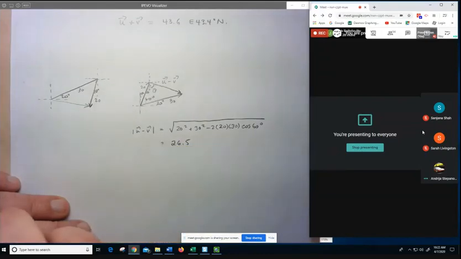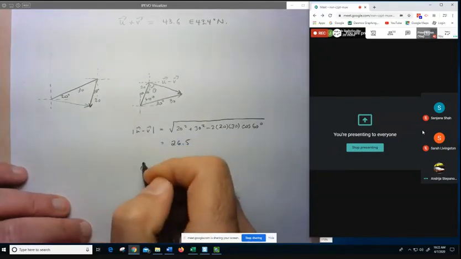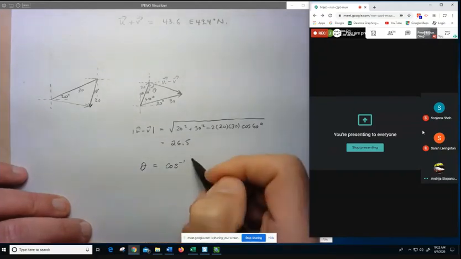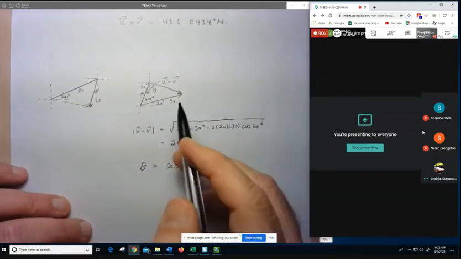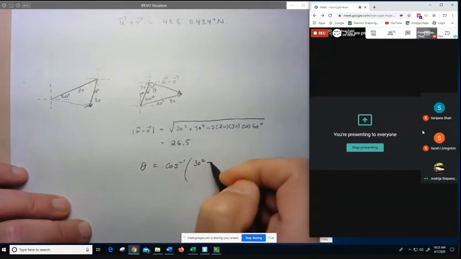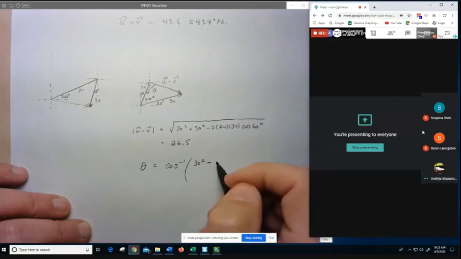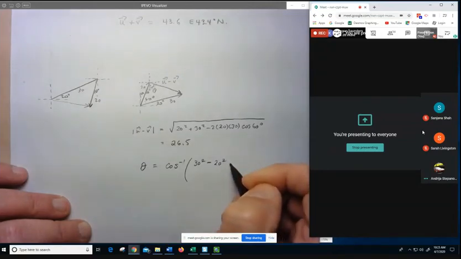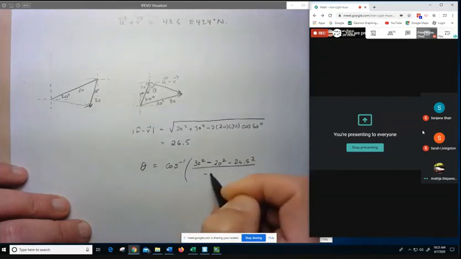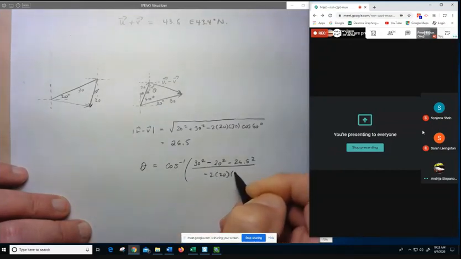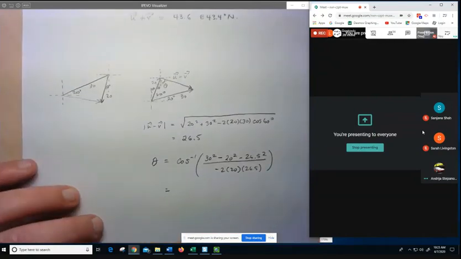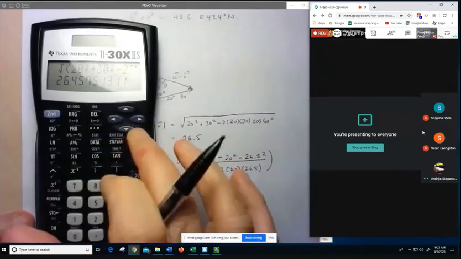Okay, as before, I'm going to use the cosine law, cos inverse of. So its opposite side is 30. So 30 squared minus the square of the other two sides, so minus 20 squared minus 26.5 squared, all over negative 2 times 20 times 26.5. And then here, let's see what I've got.